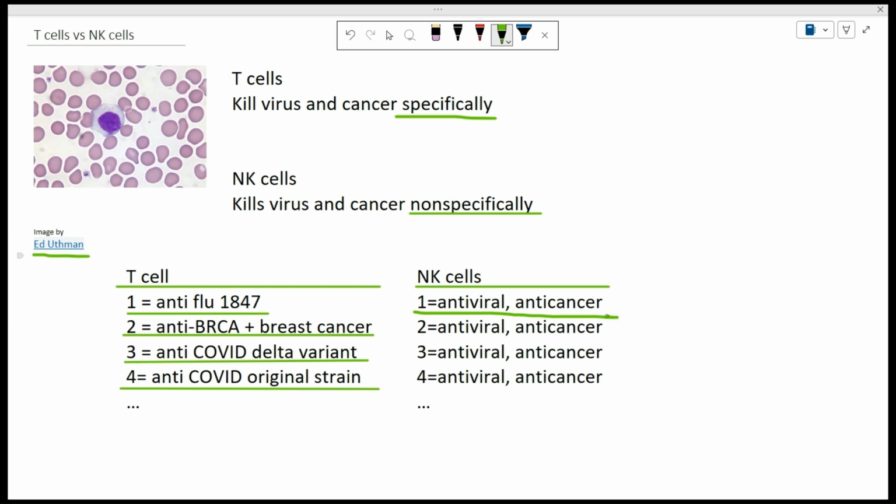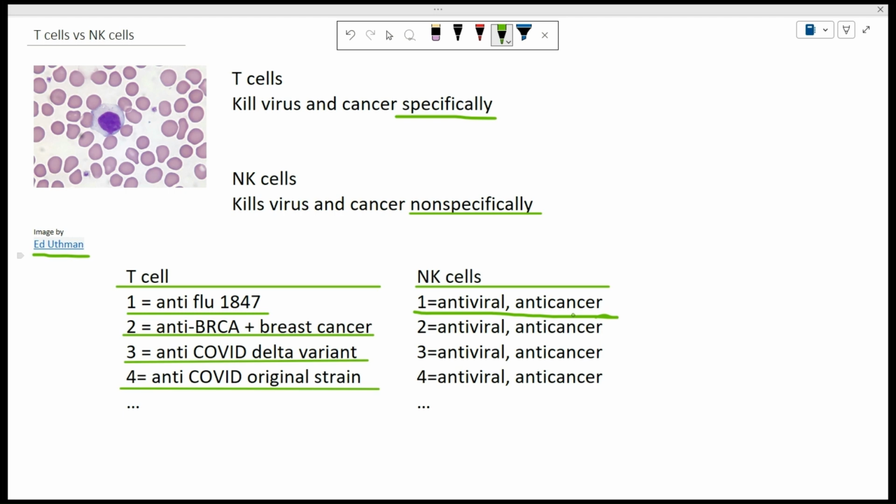All right, versus your natural killer cells. Looking at natural killer cell number one, it's going to kill any and all viruses. It could kill flu 1847, 1848, 1849, 1850, 1851, and so on. Any and all flus. It could deal with any and all breast cancers, any and all cancers, any and all COVIDs, any and all viruses.